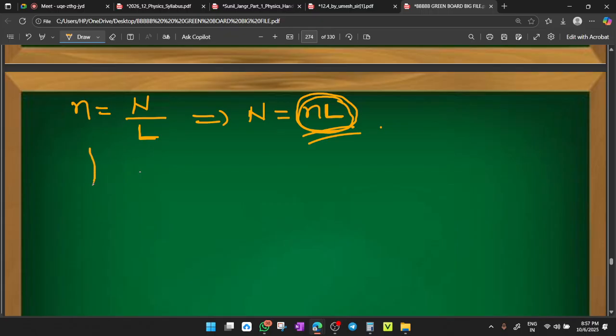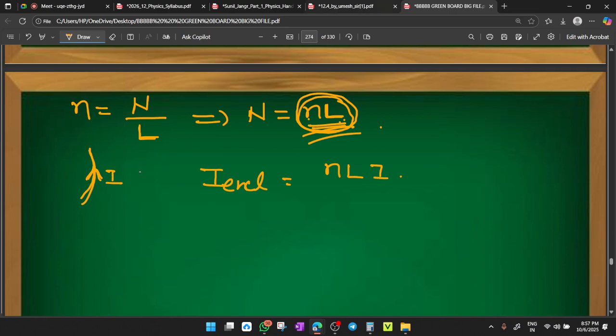If one turn contains I current, then nL turns contain the total enclosed current as n into L into I. Because the number of turns equals small nL, and one turn carries a current of I, so nL turns will carry a current of nLI.